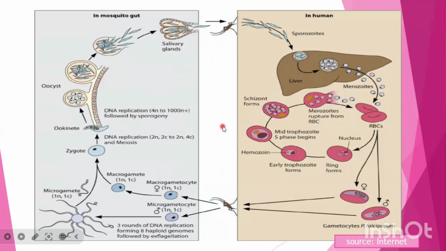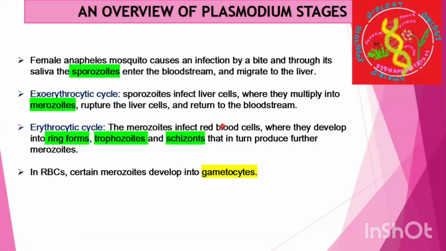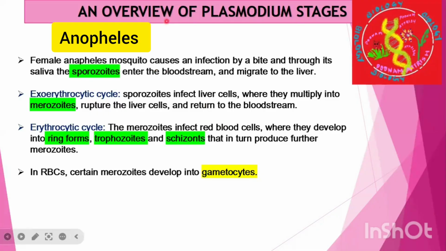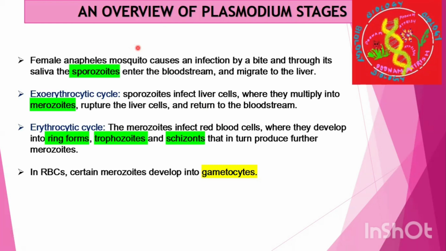Now students, come to the next. Here you can see an overview of the malarial parasite. So here you can see the female Anopheles mosquito causes an infection by a bite, and through its saliva, the sporozoites enter into the bloodstream and migrate to the liver.